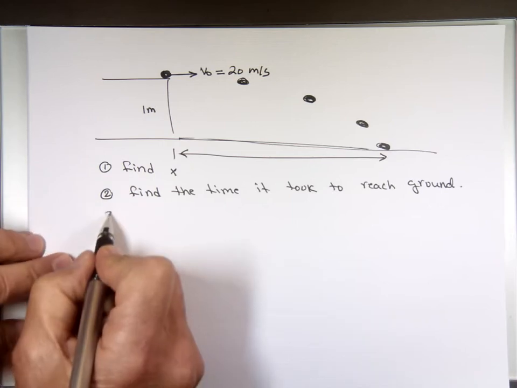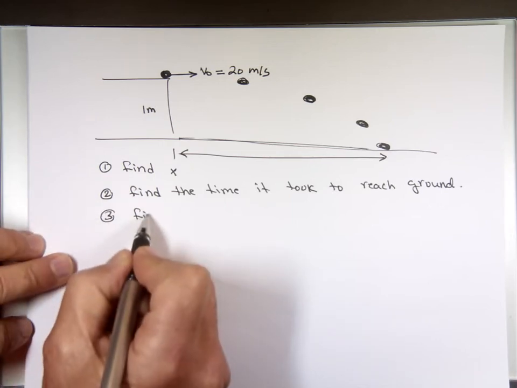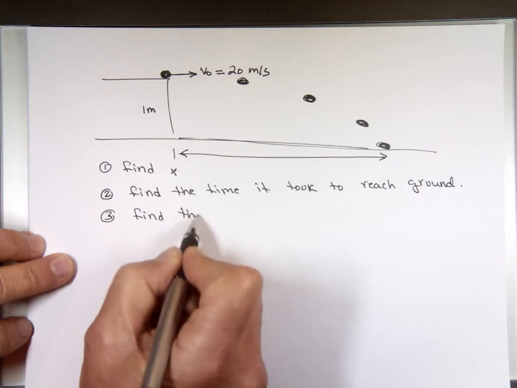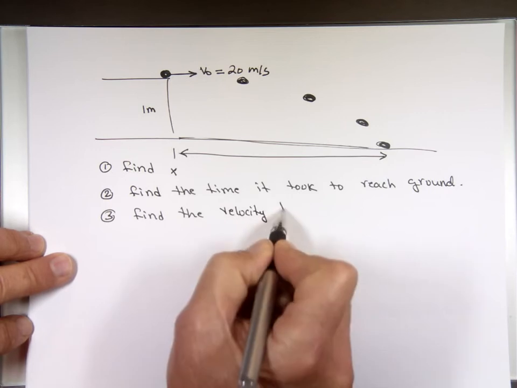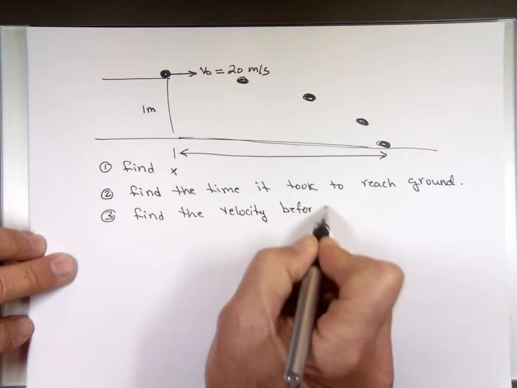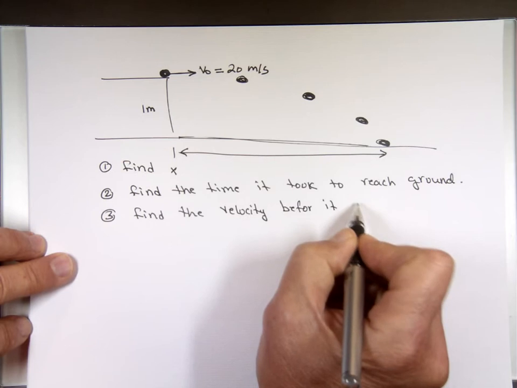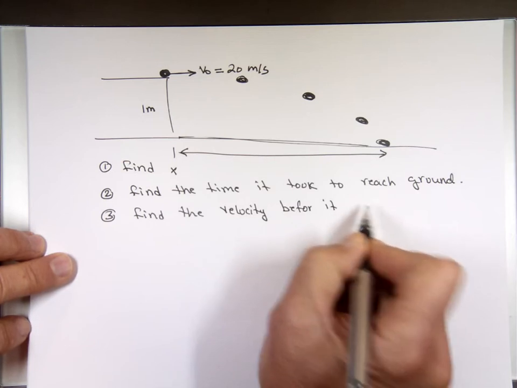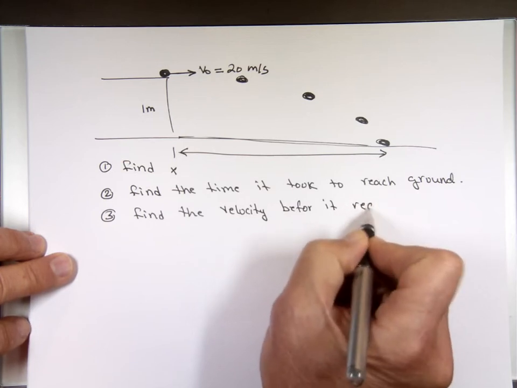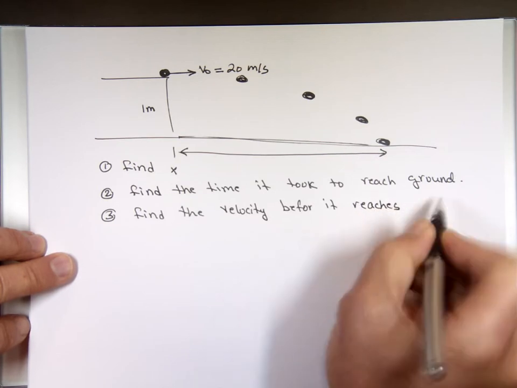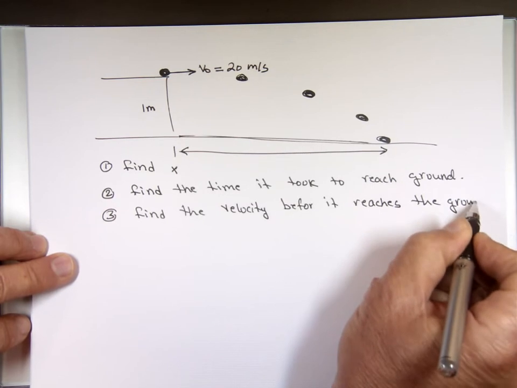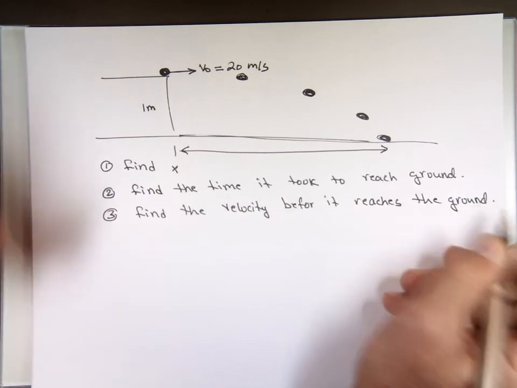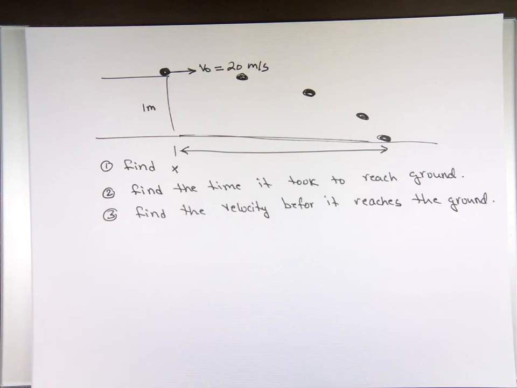And question number 3, find the velocity before it touches the ground. Right before it reaches the ground, how fast was it moving? These are the 3 questions. So I'm asking for a lot of stuff here.